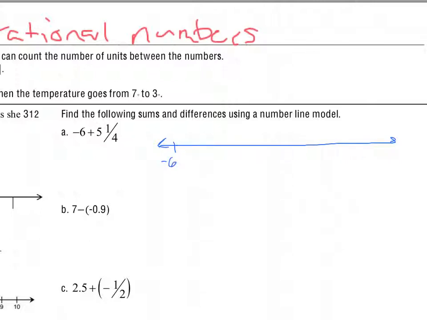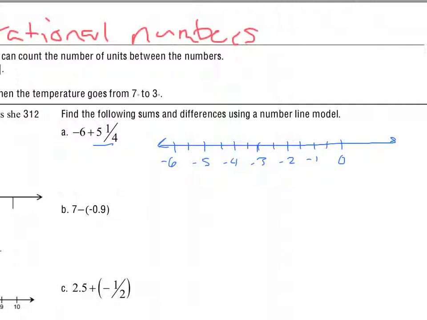And I'm personally going to label mine by halves, so that's going to be negative 5, negative 4, negative 3, negative 2, negative 1. And I know I don't need to go past 0 because I can see that this is actually going to be less positive than it is negative.